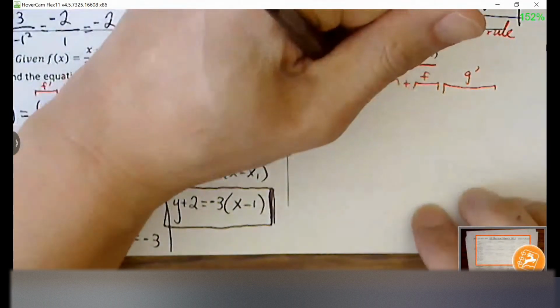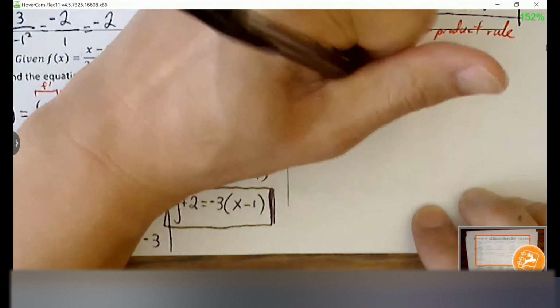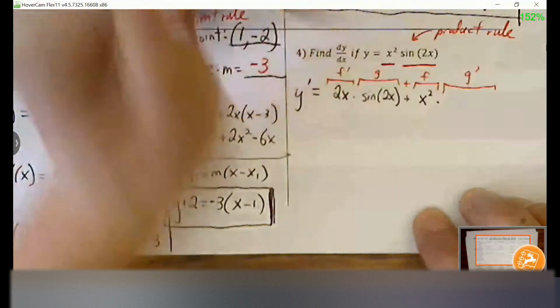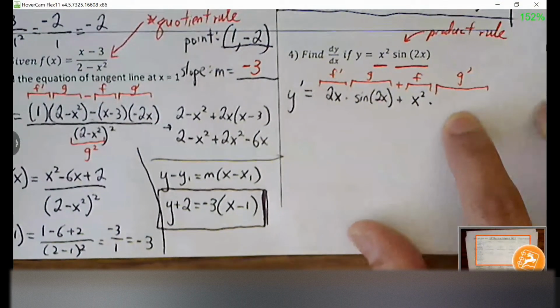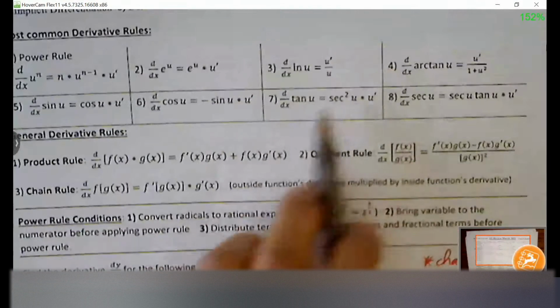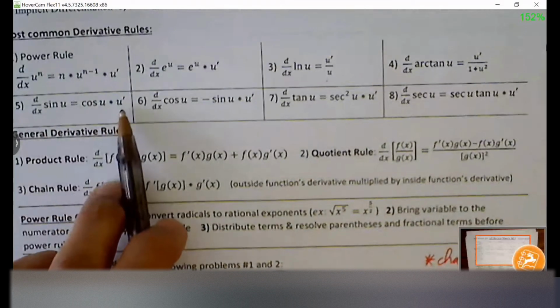Keep the original g function. Back to the original f function. Okay, what's sine 2x's derivative? Would be just cosine. Close. Or would it be 2 cosine? Yeah, that's right. So we have cosine of sine u becomes cosine of u times u prime. We got to take care of that slight chain rule because of that inside portion 2x there.